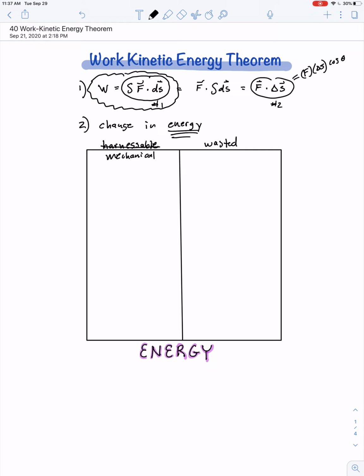Often wasted energy appears in the form of thermal energy, which is, simply put, the random kinetic energy of the molecules in a substance.